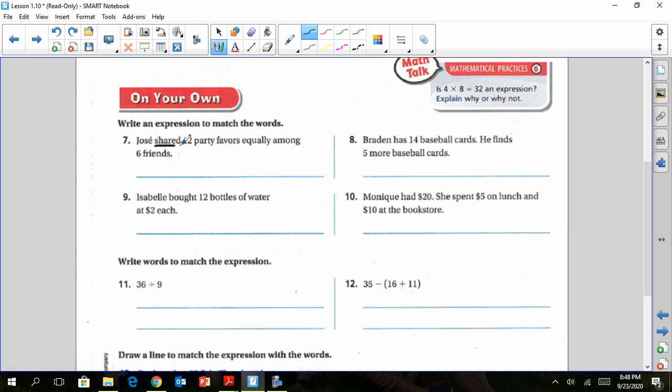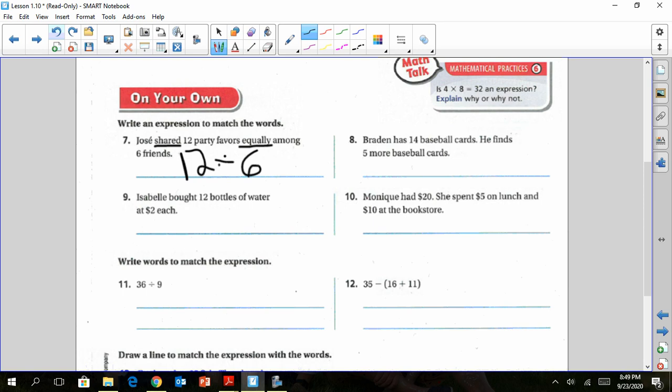Key word here, shared equally. Shared equally tells us we're going to divide. It's the party favors that are being divided. So it is 12 divided by 6. Every person would get 2 party favors, right? 12 divided by 6.